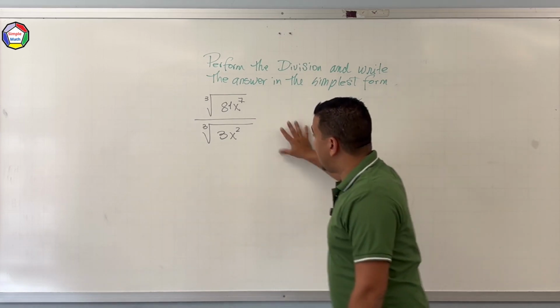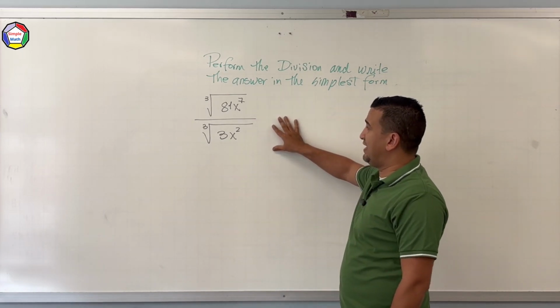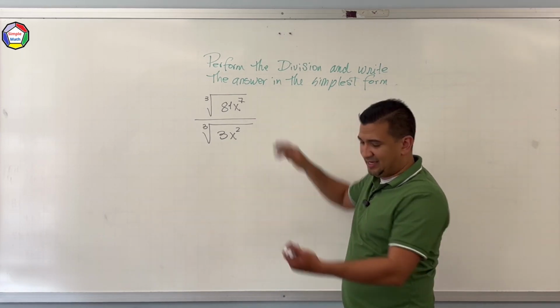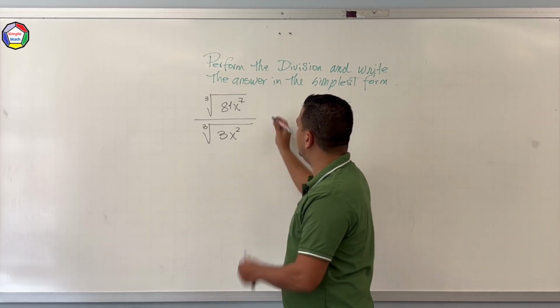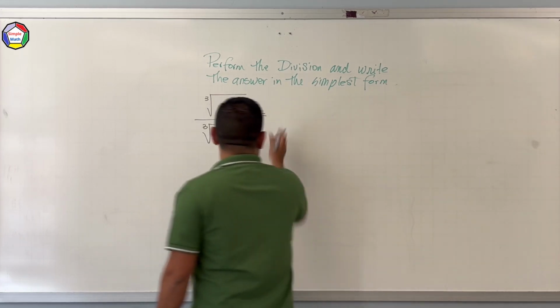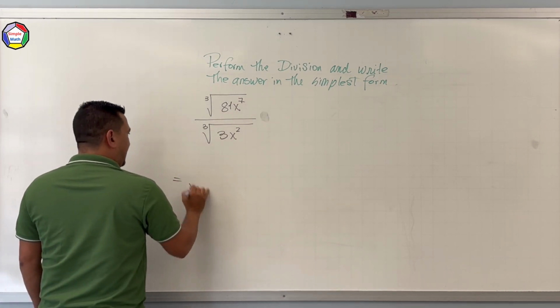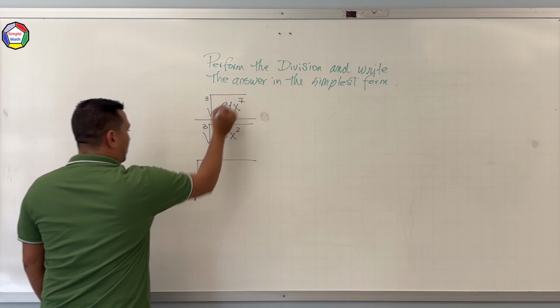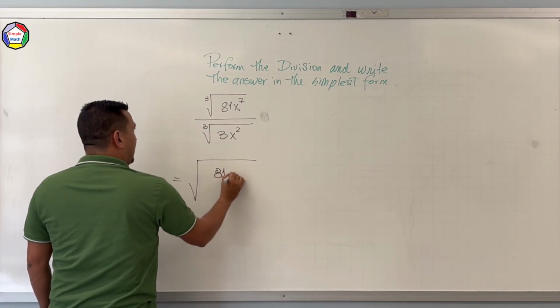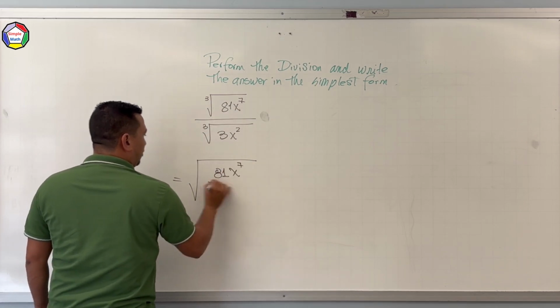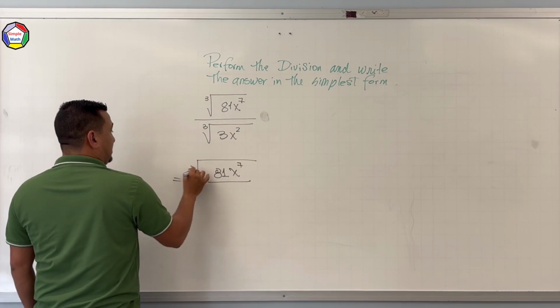Now, I can say that this is equal to, let's work here down, the big cube root of 81 x to the power of 7 over 3x to the power of 2.